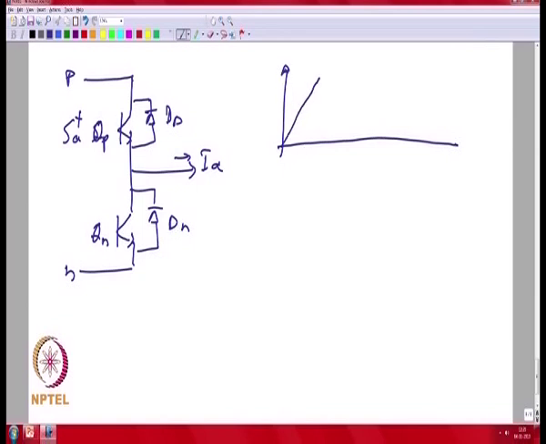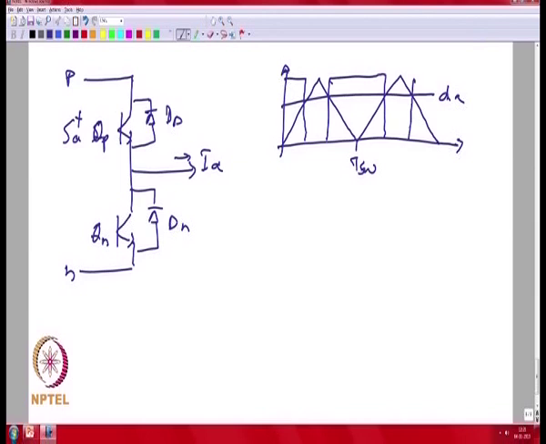So, we have a triangle going between 0 and 1, and we can consider it with respect to some reference R. So we have VAR, if this is VA.